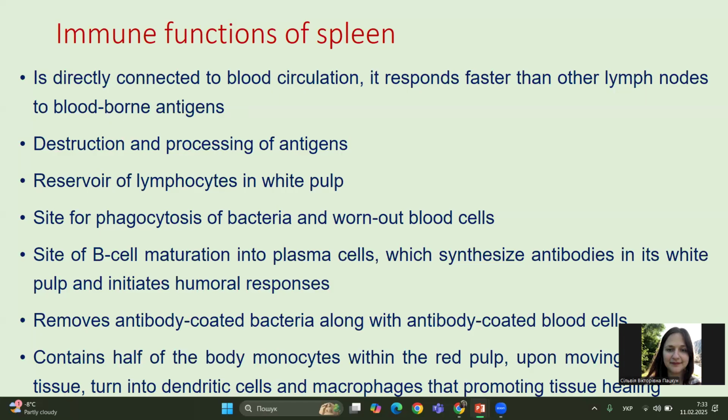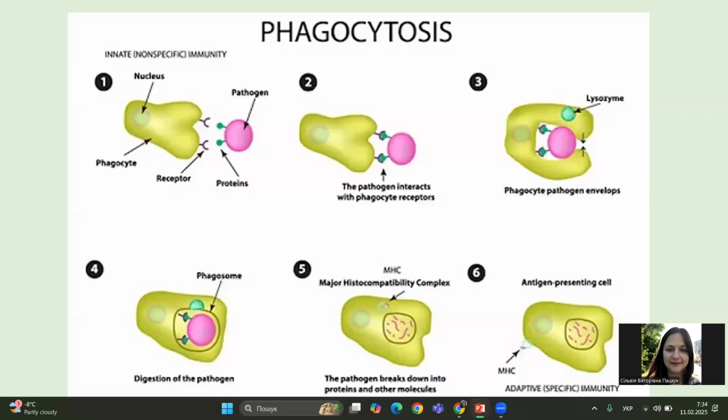It removes antibody-coated bacteria along with antibody-coated blood cells. It contains half of the body's monocytes within the red pulp. Upon moving to the peripheral tissue, they turn into dendritic cells and macrophages that promote tissue healing.